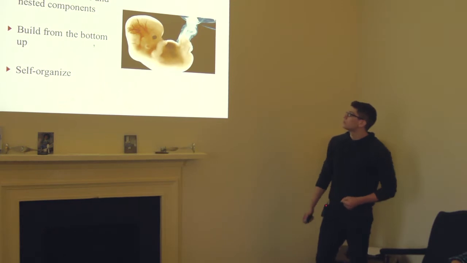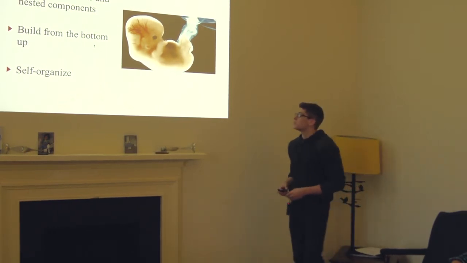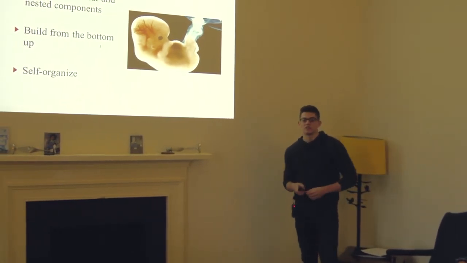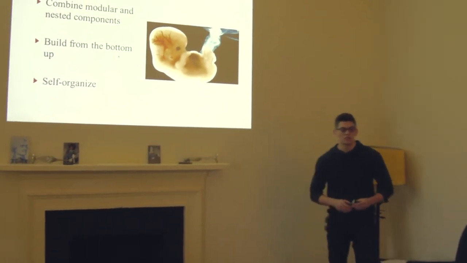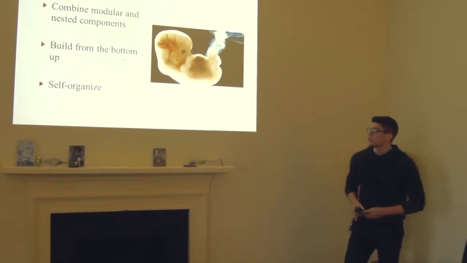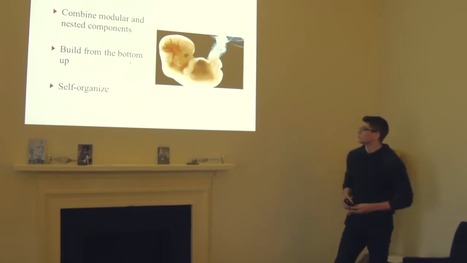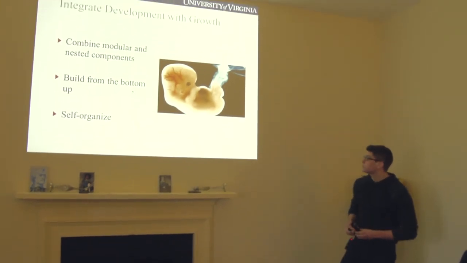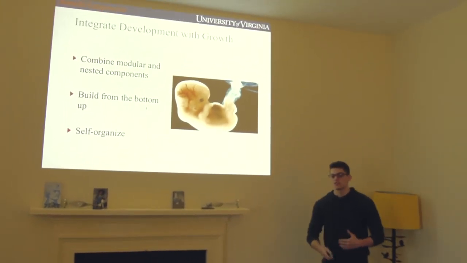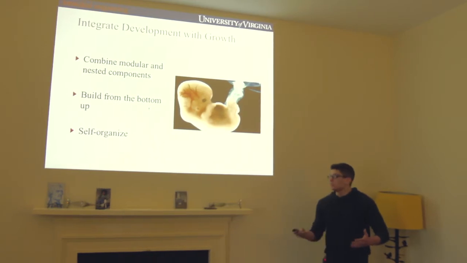Okay, so here's a really important design principle. It's integrating development and growth. I think a lot of people, if you were to look up these terms, would view these as synonyms when really in this context they're not. Growth is the sheer adding on or approaching the goal that you're working for. So in the case of the embryo, the growth is after your cells have differentiated and you're just growing to become a mature baby.